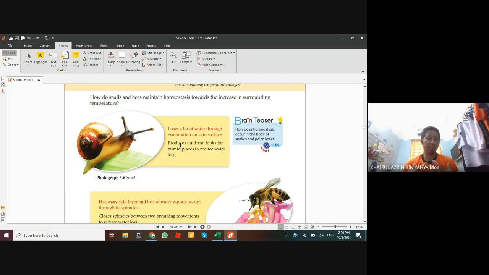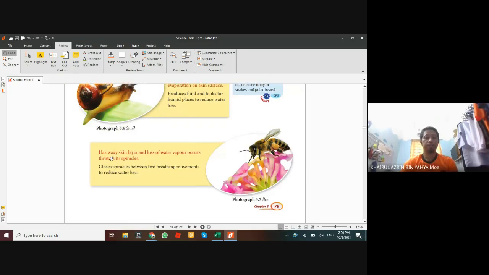It releases fluid from its body and is always in a damp place to reduce water loss. Bees have a waxy skin layer, waxy, berlilin, and loss of water vapor, wap air, occurs through its spiracles. Bees close spiracles between two breathing movements to reduce water loss.